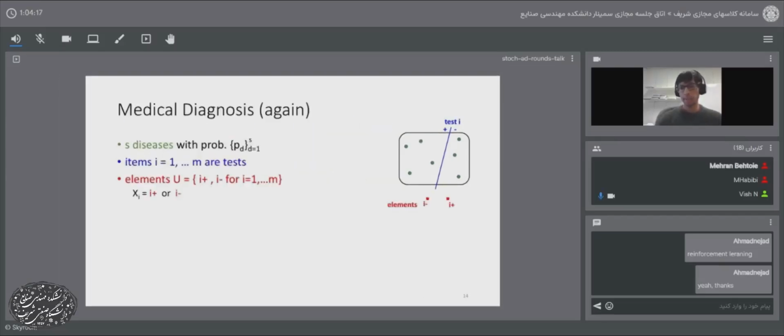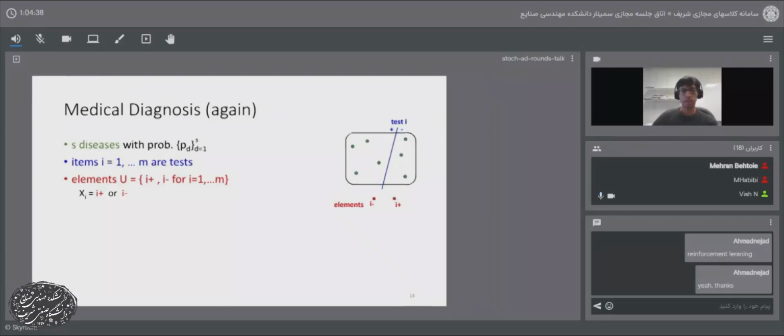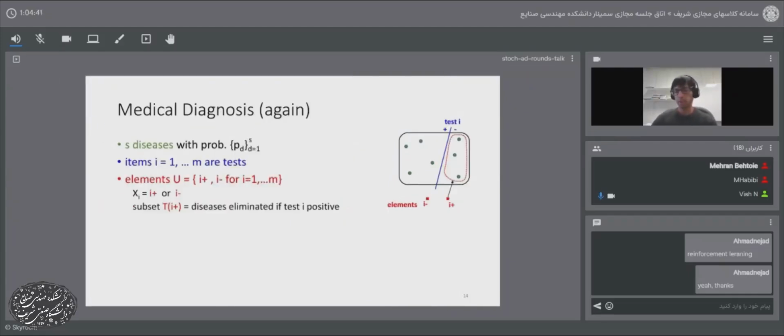So we introduce elements that correspond to test outcomes. So we'll have an element I plus, which means the result of test I was positive. We'll also have an element I minus, which means the result of test I was negative. So those are going to be the elements that will be associated with the submodular function. And to define the submodular function, we also need subsets for every element.